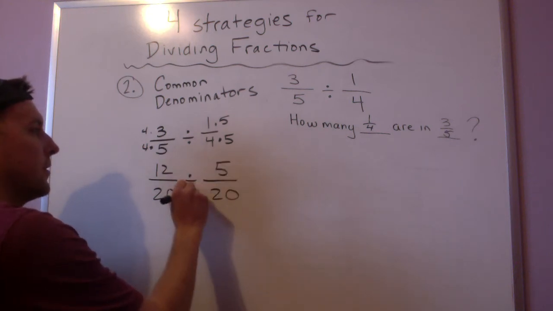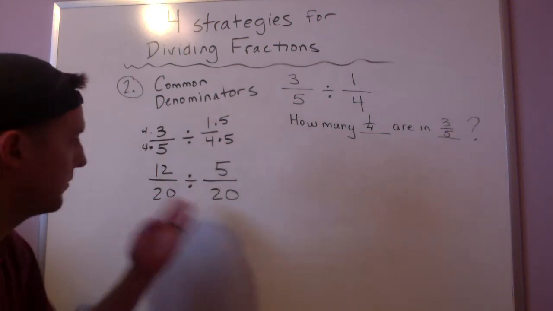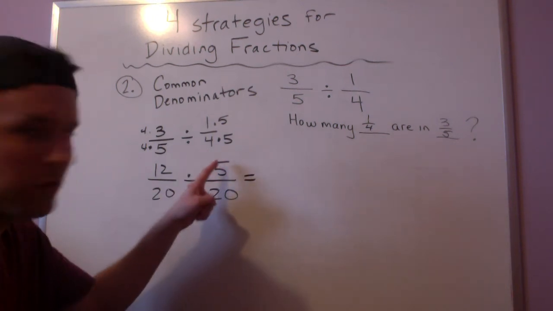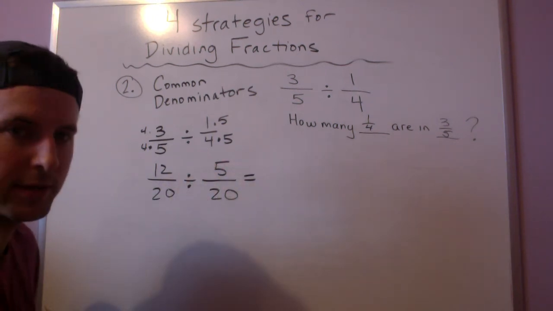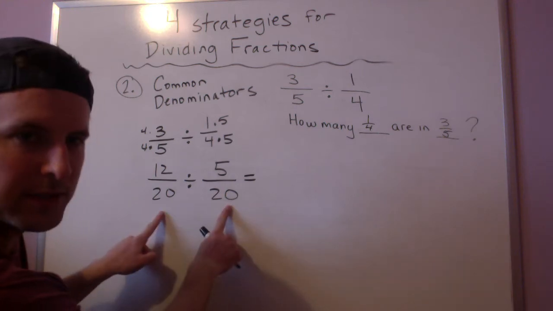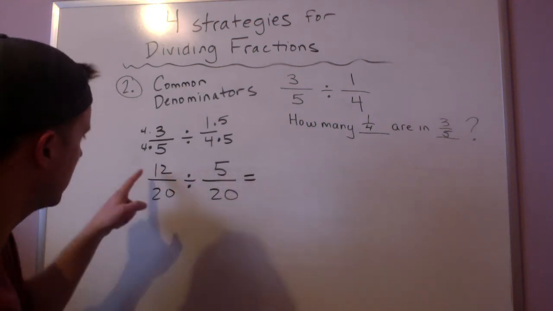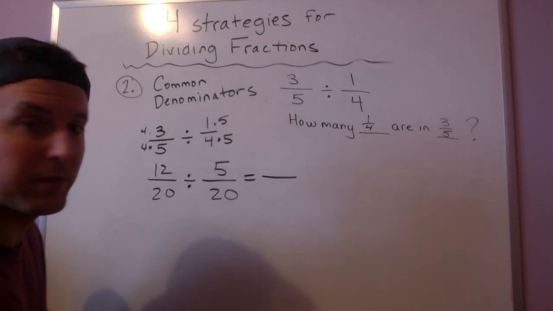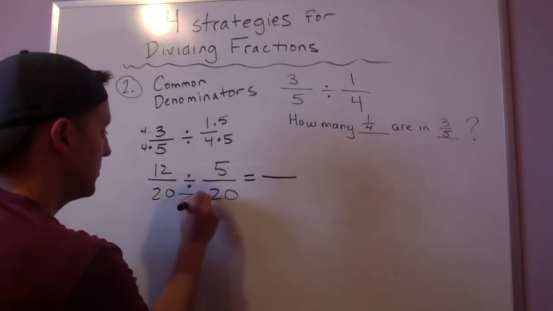So after I rewrite it, I have this problem. I'm basically asking how many 5/20ths can I get out of 12/20ths? Suddenly that makes way more sense in my head because these are the same size pieces. Let's check. Denominators you can divide straight across. I always do the bottom first because 20 divided by 20 would just be 1.